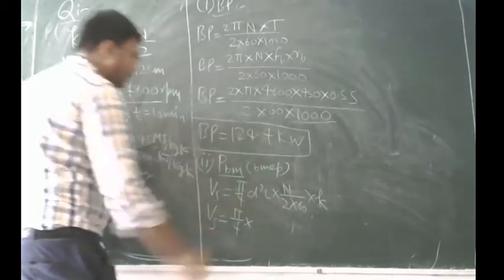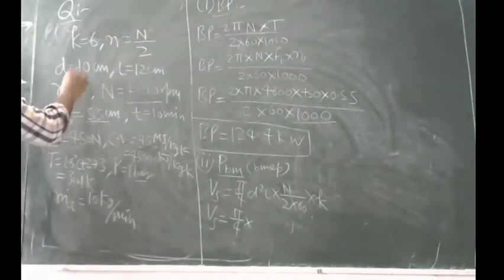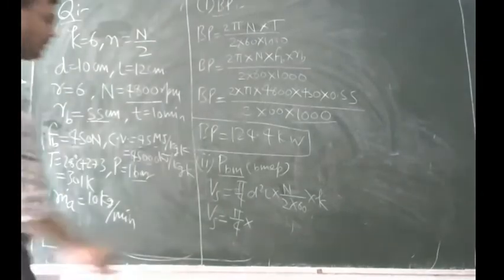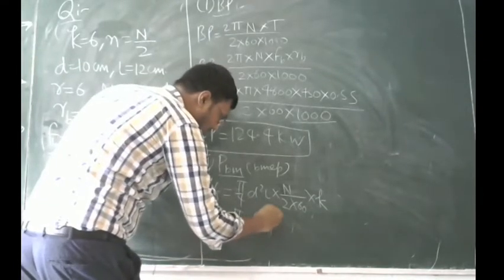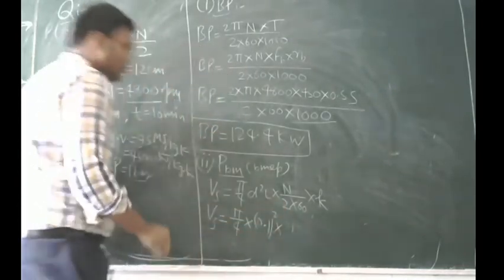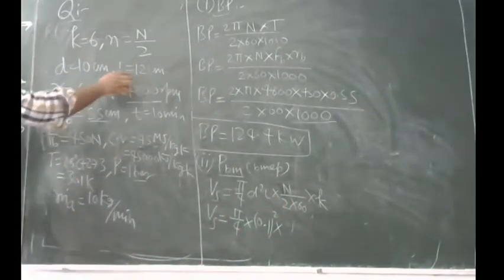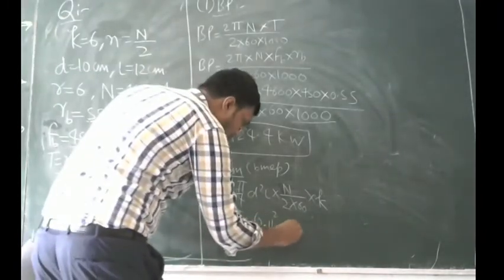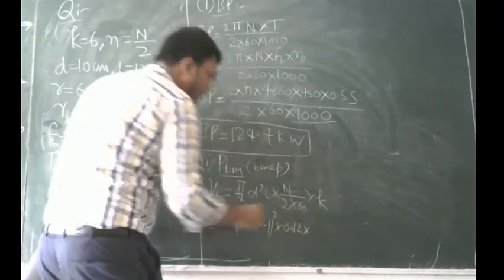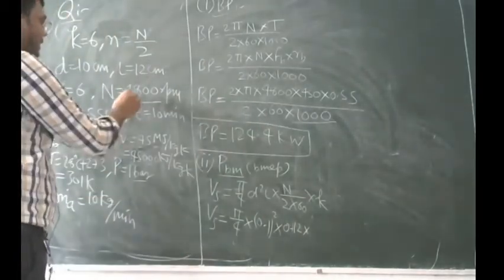What is the value of diameter? Diameter here is given 10 centimeter, means 0.1 meter. 0.1 whole square into L. What is the value of L here? L is equal to 12 centimeter, means 0.12 meter. Okay, 0.12 meter into value of N is 4800 RPM.